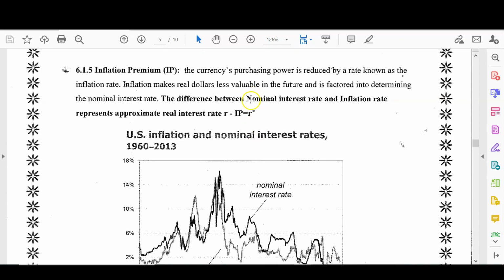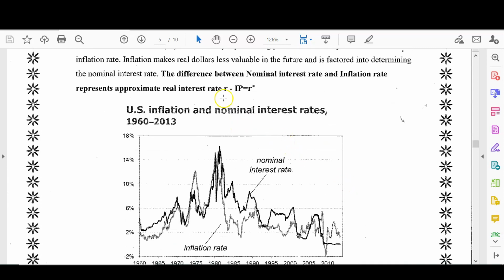So when we're calculating R, and if we start from R star, we will need to add this inflation premium or inflation rate to get R. So R equals R star plus IP. Or, as it shows here, R minus IP equals R star.